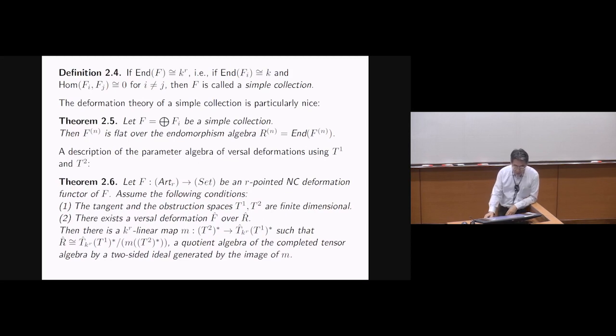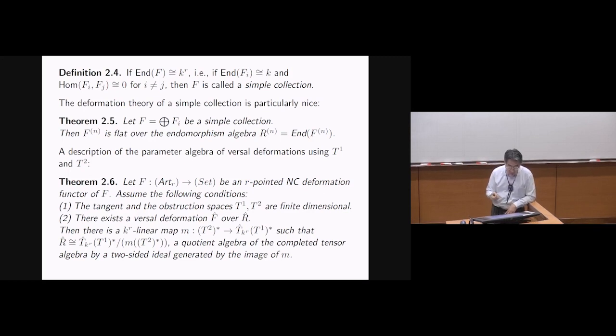So especially if the sheaf is a simple collection. Simple collection means that there is no non-trivial endomorphism. So, for example, a simple sheaf is a sheaf which has no non-scalar endomorphism, and this is a generalization of simple sheaf. And in this case, the deformation theory is very simple.